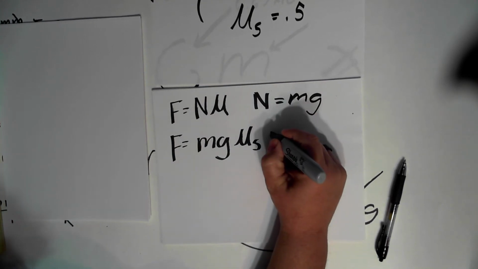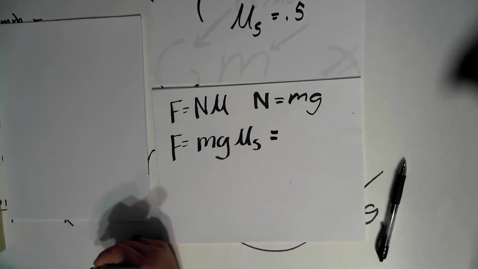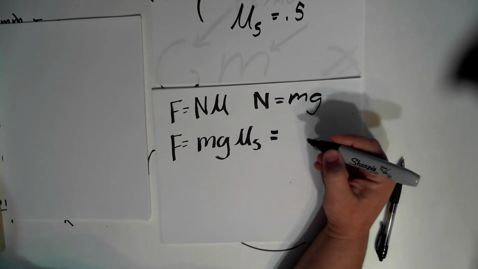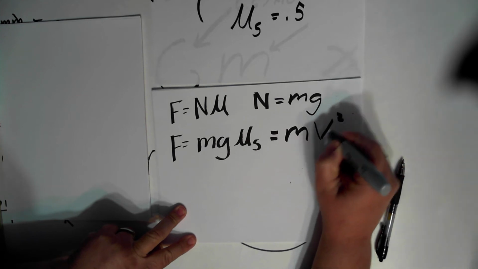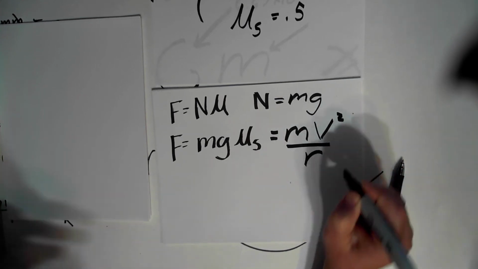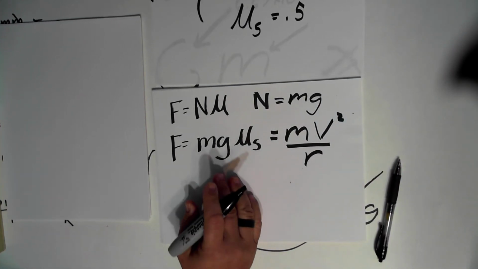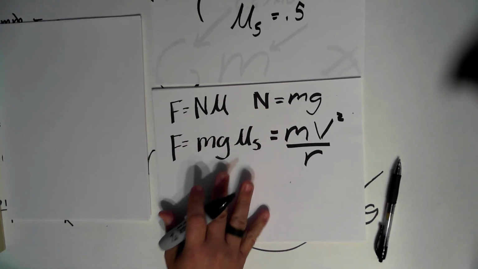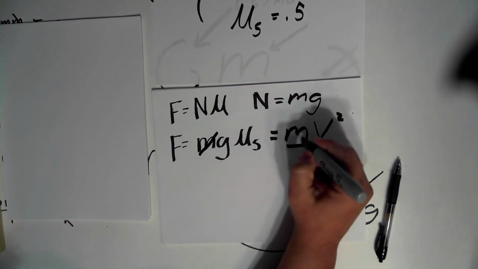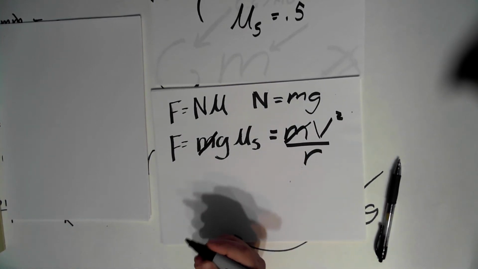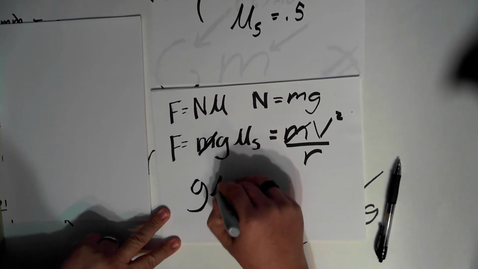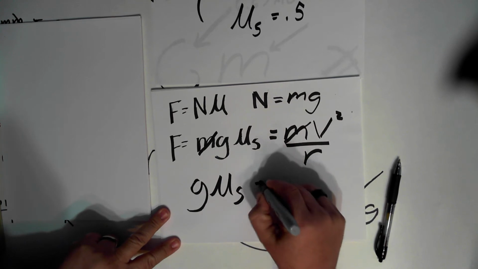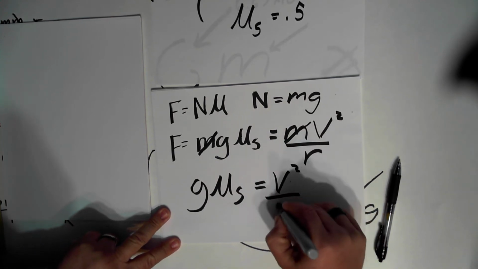So I can set that equal to the centripetal force equation, which is mass times velocity squared over the radius of curvature. Quickly, I can see that the masses are represented on both sides and can go away. So I'm left with g mu static is equal to v squared over r.